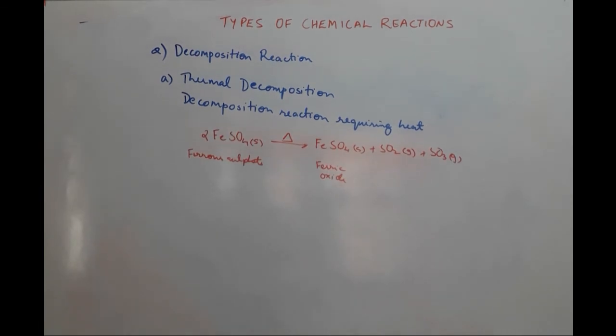Our next example is ferrous sulphate crystals. These are present in the form of green crystals. When they are heated, they break down to give us anhydrous ferrous sulphate.